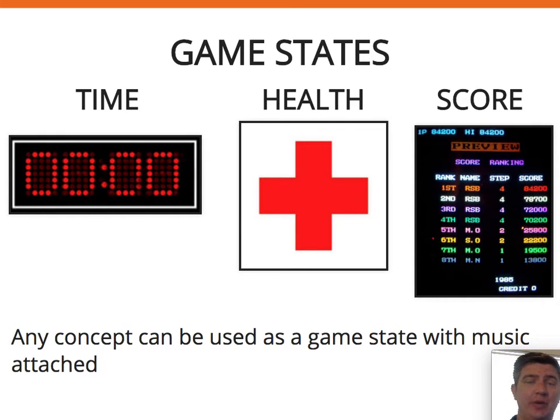A lot of games, if you get below 10% health, the music changes or the mix gets all weird, or you get like this heartbeat effect or something that says you better go find health. Score. If you get the high score, you get a piece of music. If you have low score, you're like last place, you get a different piece of music. So those are all general ideas of how music might change according to different game states.